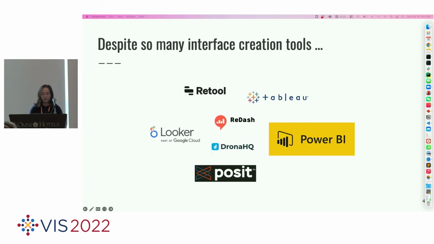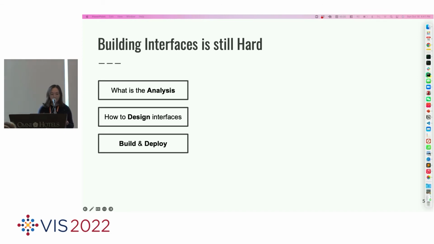Despite we have so many interface creation tools like Retool, Tableau, Power BI, etc., building interface is still hard. No matter what tool you choose, building interface will go through 3 steps. The first is you need to figure out what the analysis is. Fundamentally, the analysis is what the interface expresses.